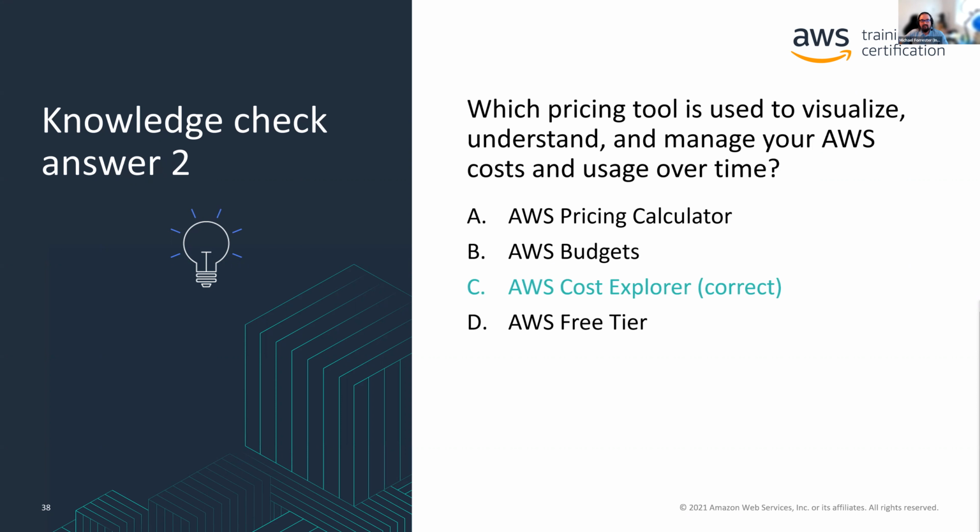Good. Yeah. I see a couple of you put Cost Explorer. Remember, that's the only tool that will do forecasting, but only if it has historical data. If you don't have historical data, then you have to go create an estimate. An estimate happens at calculator.aws.